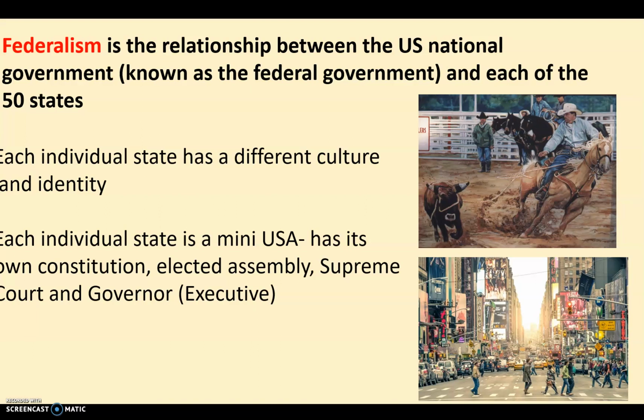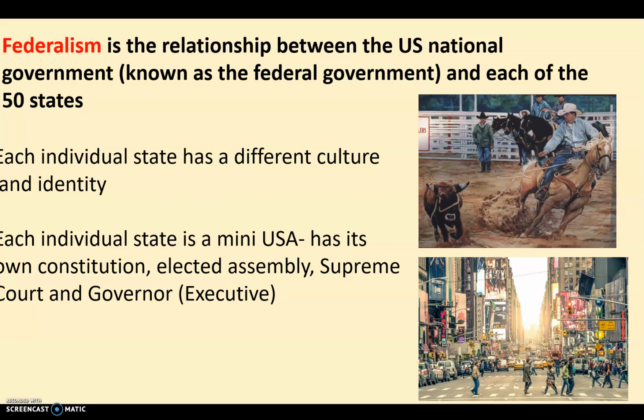And as I said earlier, each individual state is like a mini version of the national USA. Each state has its own little constitution. Each state has its own elected assembly, often called a parliament, often called a Congress, but not always. Every state has got its own little mini Supreme Court to administer laws passed in that state.